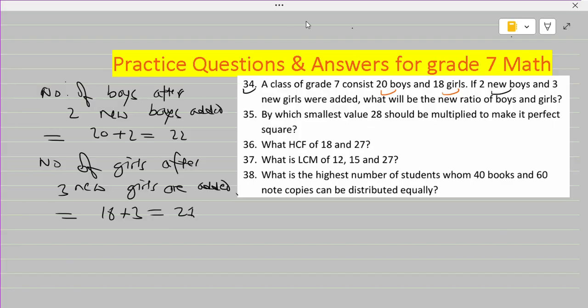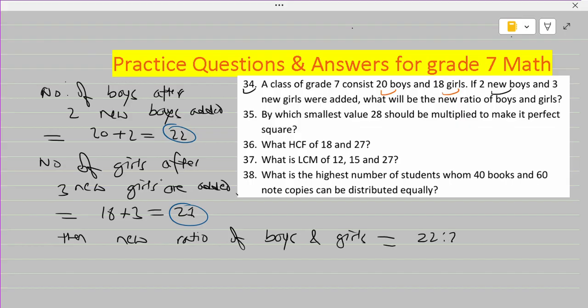So the new ratio of boys and girls is 22 is to 21, and you can't cancel it further. So that's it, that's number 34.